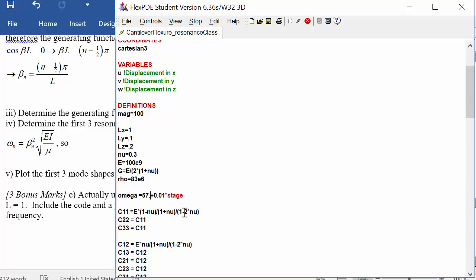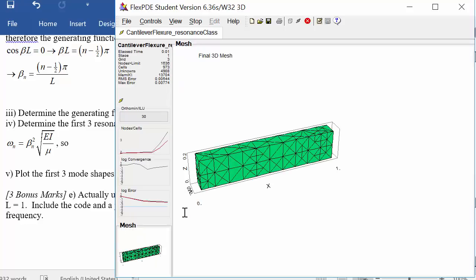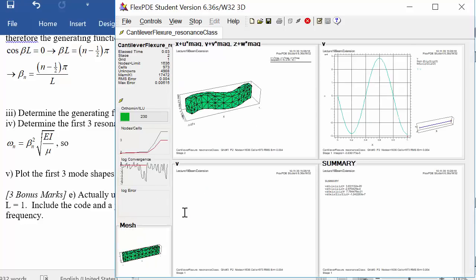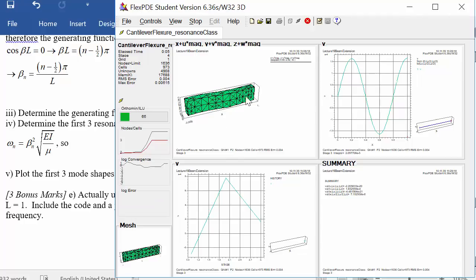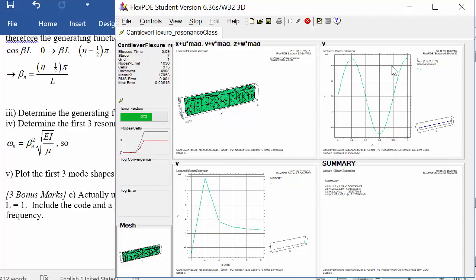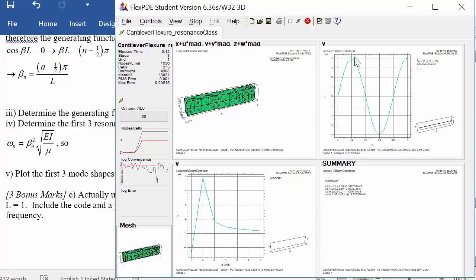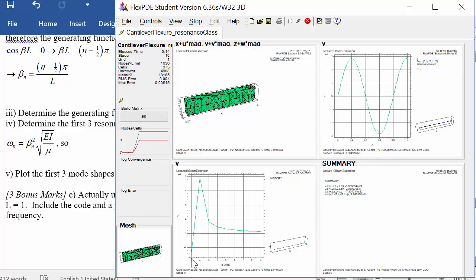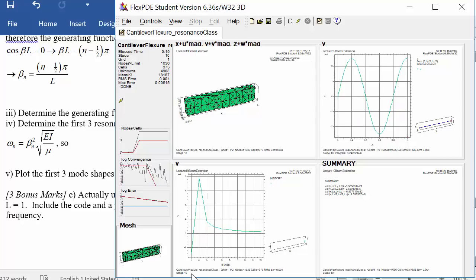So 57.01 plus 0.001 times the stage. Okay, now you see we're getting close enough to the resonant frequency that you can actually see the beam deforming even at this magnification. The mode shape has been visible over here for a while. So we've got something extremely close to 57.